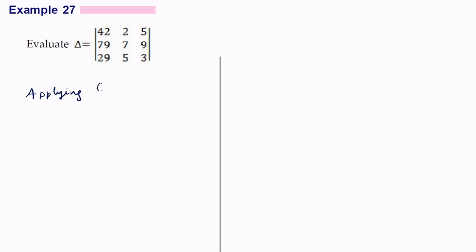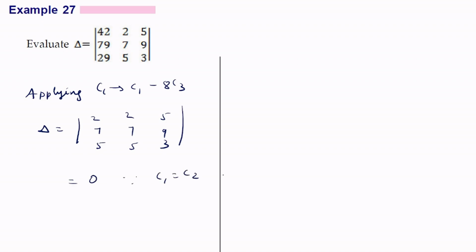Applying C1 changing to C1 minus 8 C3, we get delta as 42 minus 40 is 2, 79 minus 72 is 7, then 29 minus 24 is 5. The other columns remain the same. So here the value of this determinant is equal to 0 since C1 is equal to C2.